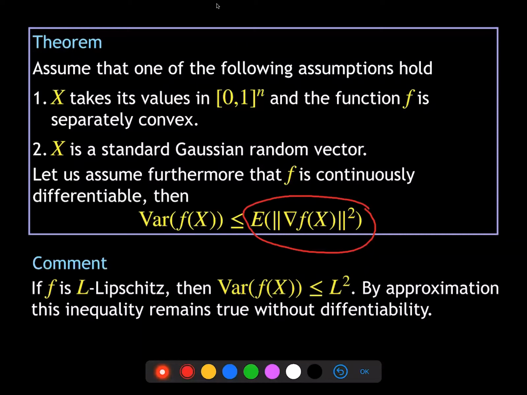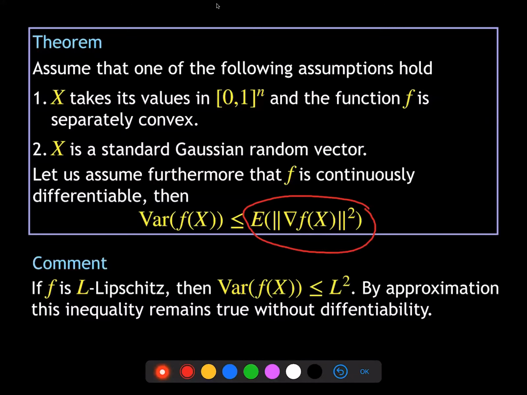So a simple comment about that: as soon as you have such a bound, if you assume f to be L-Lipschitz, this means that the variance will be less than L squared, because for a smooth function, to be L-Lipschitz means that the L-infinity norm, it means that the norm of the gradient of f will be less than the constant L for all the vectors x.